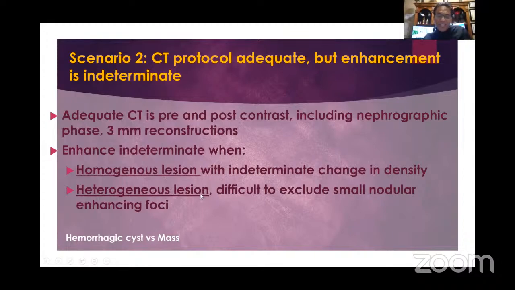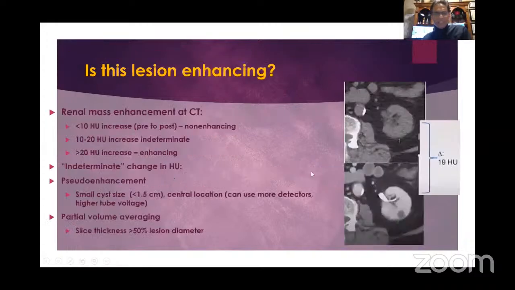Whereas if it is a heterogeneous lesion, then it's going to be difficult to exclude smaller nodular areas within the lesion. So this is a renal mass or renal lesion here. You cannot see it on pre-contrast, but there was a 90 Hounsfield unit increase in density from pre-contrast to post-contrast, which is non-diagnostic.